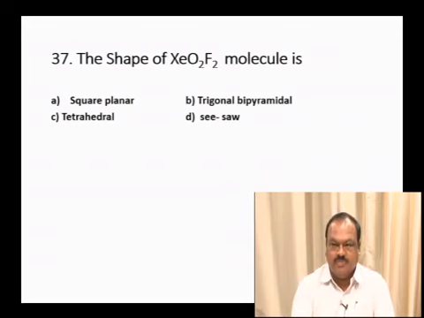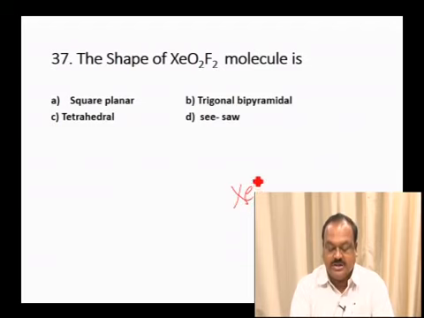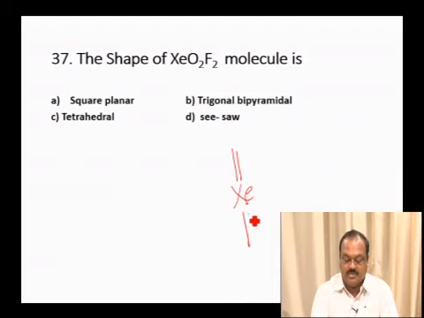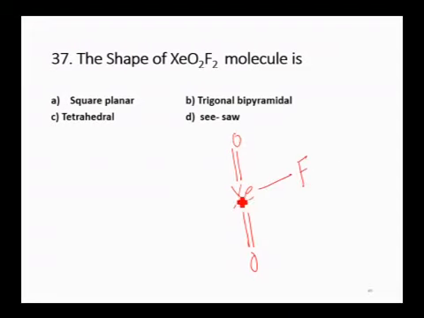If you observe the structure of xenon dioxide difluoride, it looks like a seesaw structure. So, the suitable answer is D, seesaw structure.